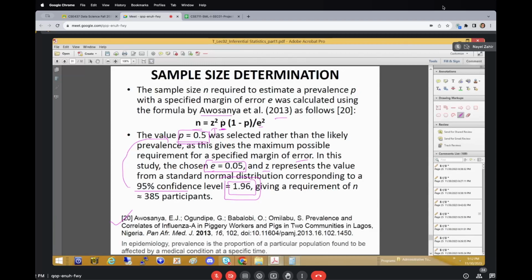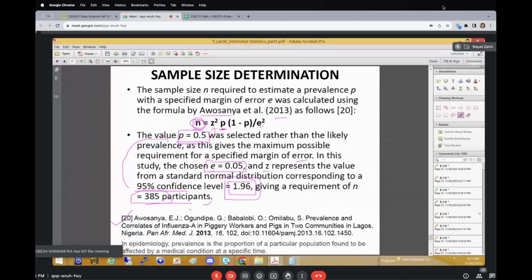If we put those scores in, we get the sample size n, which is 385 participants.